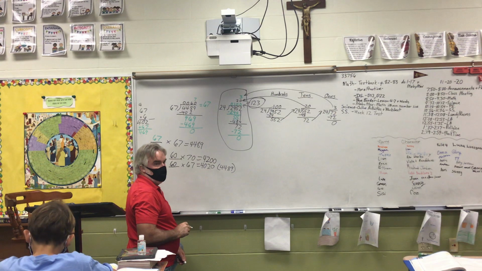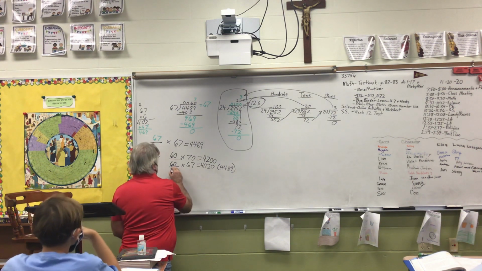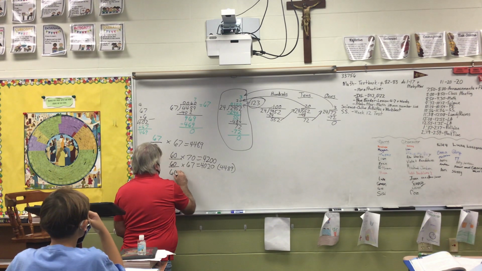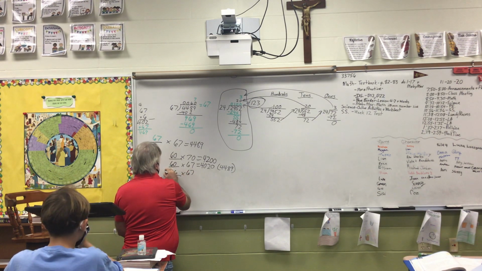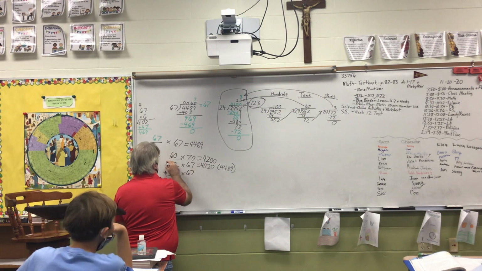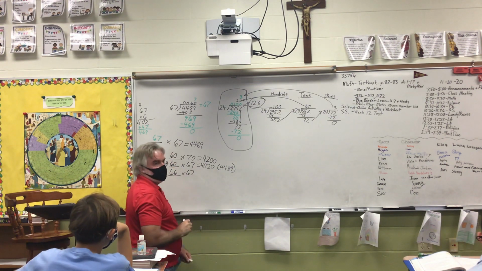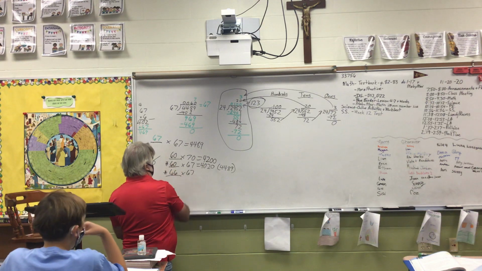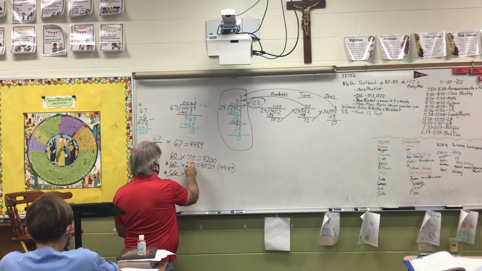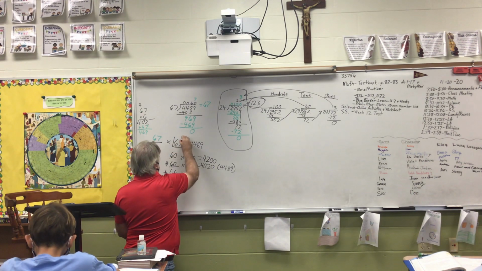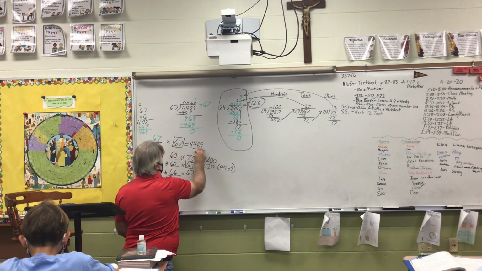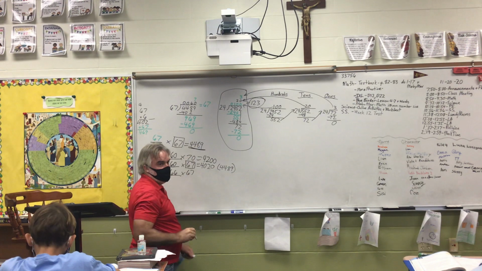Right? Is everyone following? If I were to change this to 66 times 67, I'm changing this number from 60 to 6, because this is part of your question. And I'm trying to get to where I get here, to this answer.